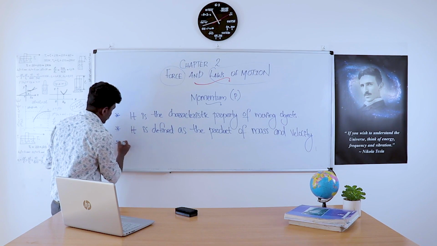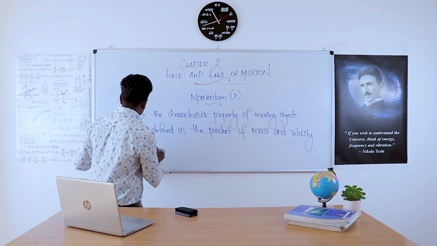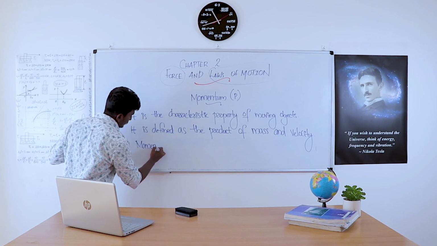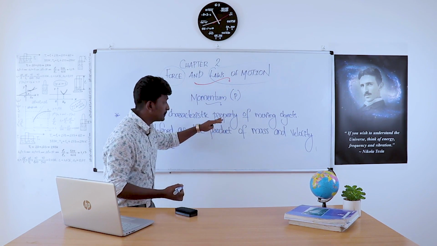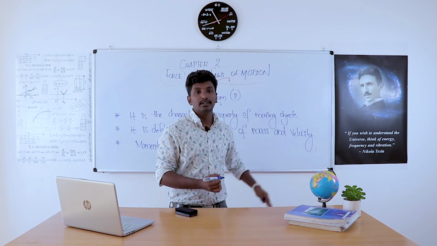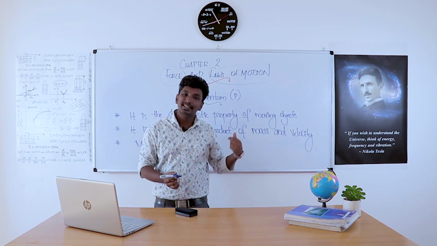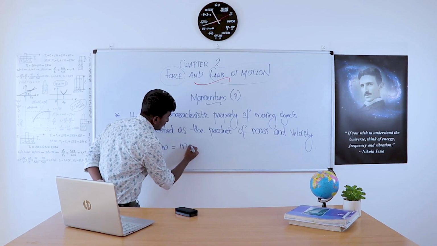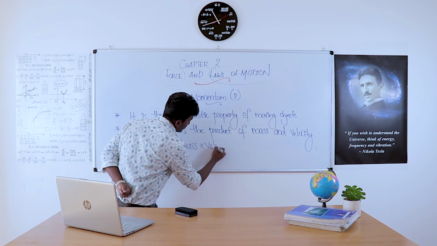Now we need the equation for momentum. That is, momentum is equal to, look here, the product of mass and velocity. That means when mass is multiplied by velocity, we get the term. Therefore, momentum is equal to mass into velocity.